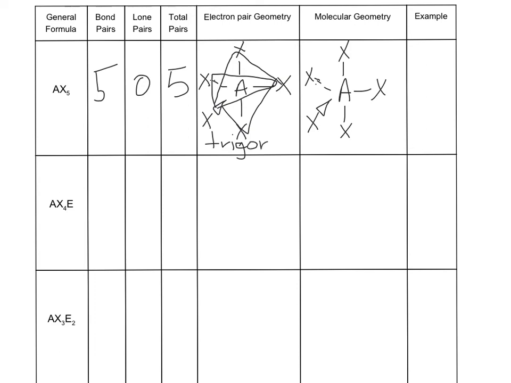So this is trigonal and it goes above and below that plane, so it's bipyramidal. Trigonal bipyramidal. And an example of this is antimony pentachloride.